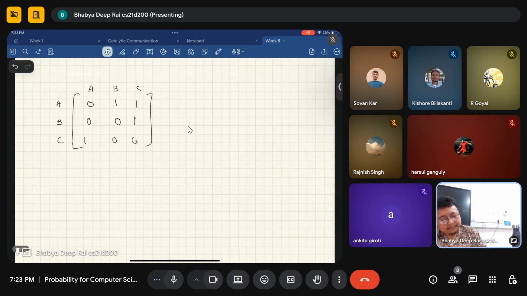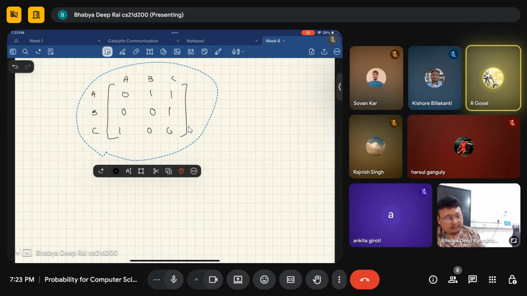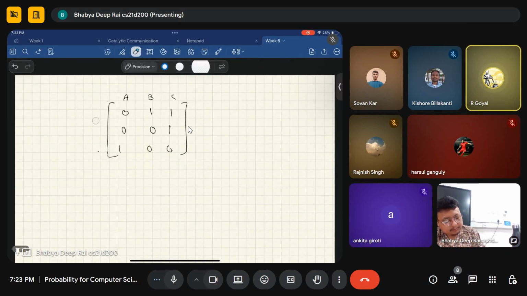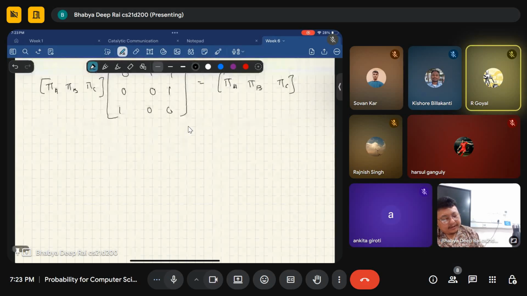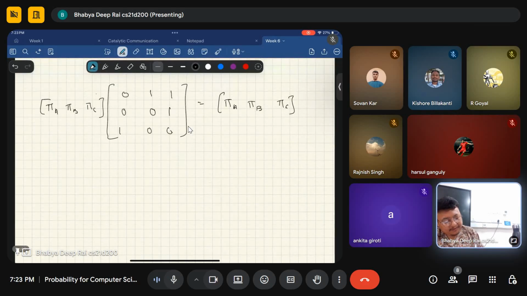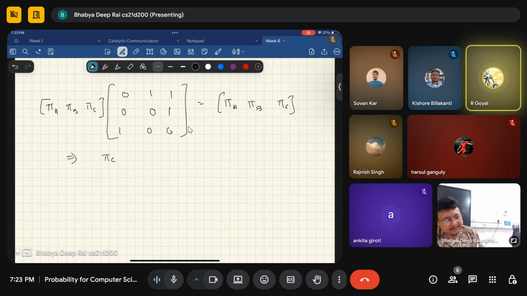Yes, so then we can use the method we used earlier. The pi matrix multiplied by the row stochastic transition matrix is equal to the pi matrix only. Instead of 1, 1, they should have been half and half. Oh yes, sorry. Good point.